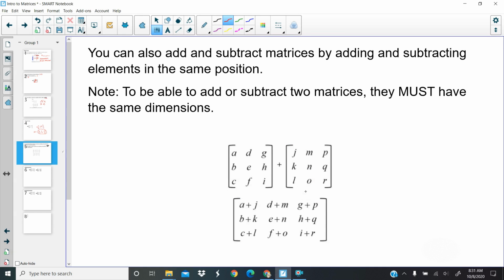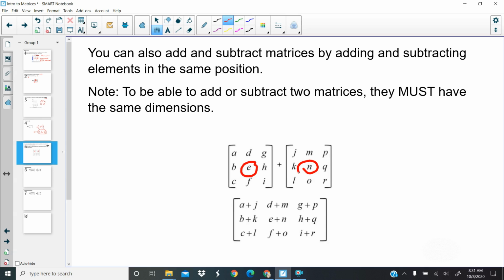Something else that you can do with matrices is add and subtract them. Whenever you're doing that, you just add or subtract the numbers that are in the same position. So if I wanted to add element 2, 2 for both of them and find the sum, I'm going to look at element 2, 2 in my first matrix and element 2, 2 in my second matrix.